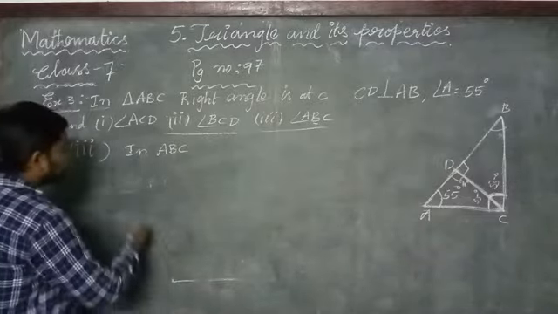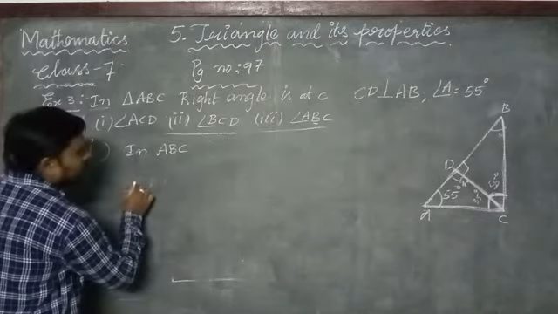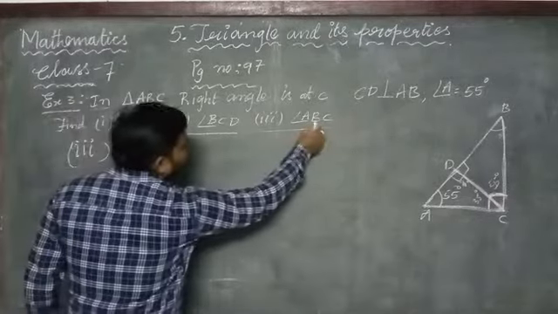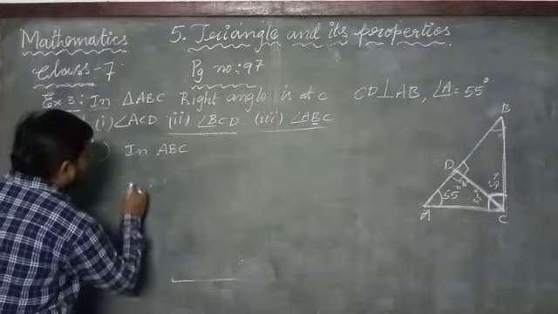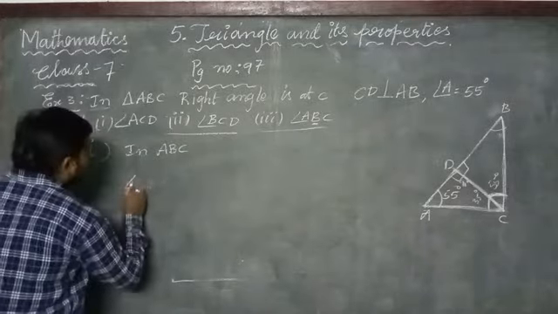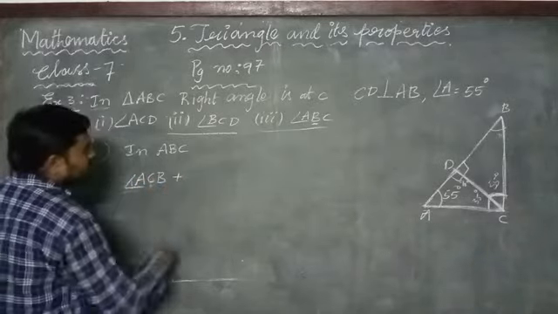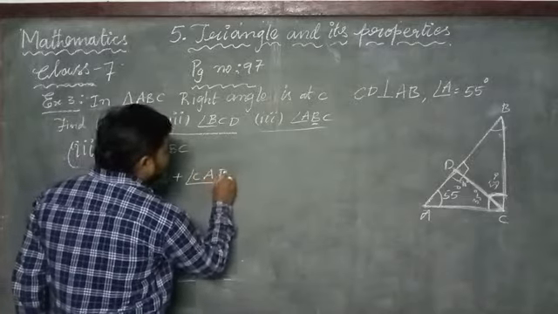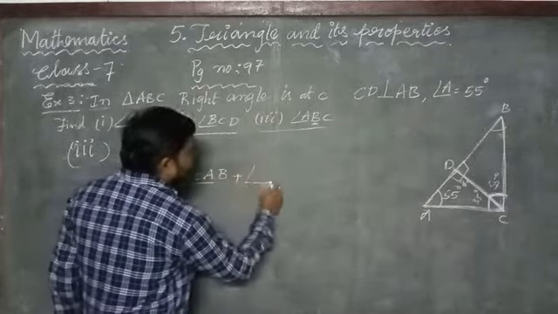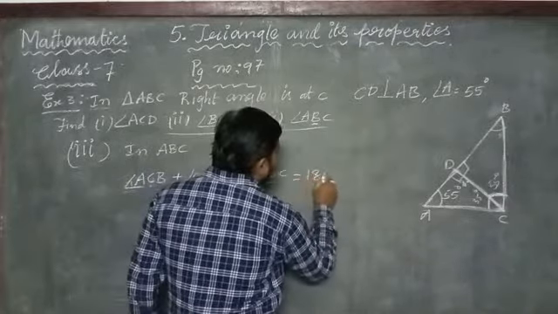Now let us see. From triangle ABC, we can calculate the angle at B. From that, we can write angle ACB plus angle CAB plus angle ABC equals 180 degrees.